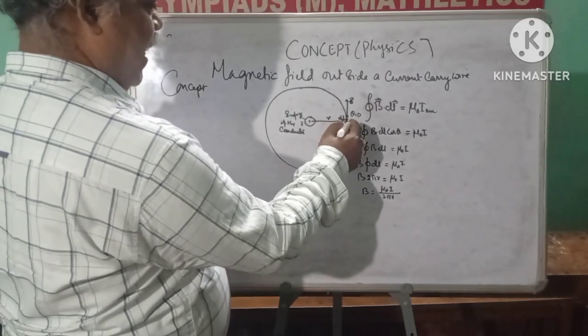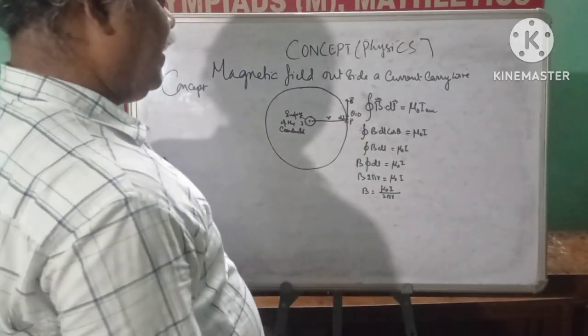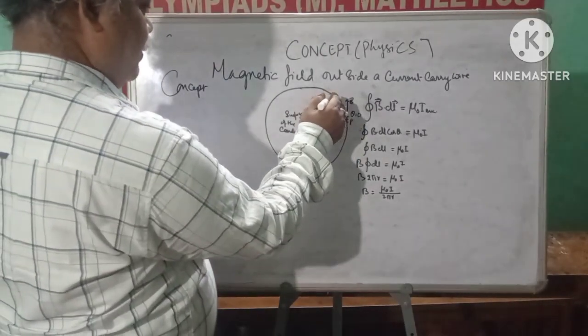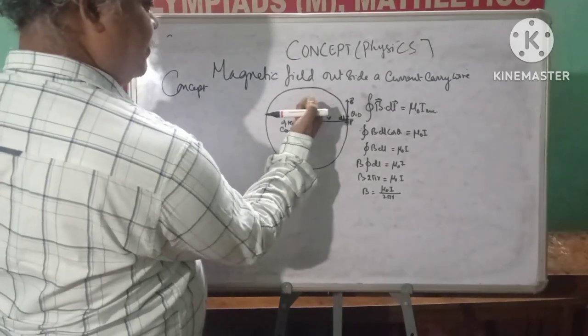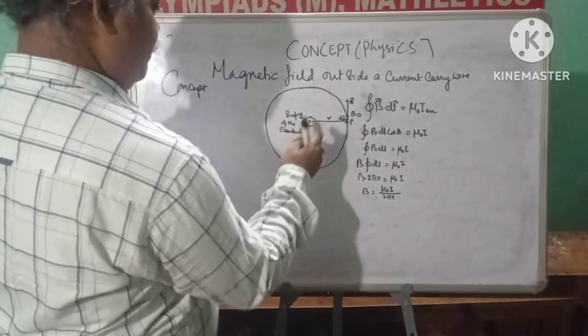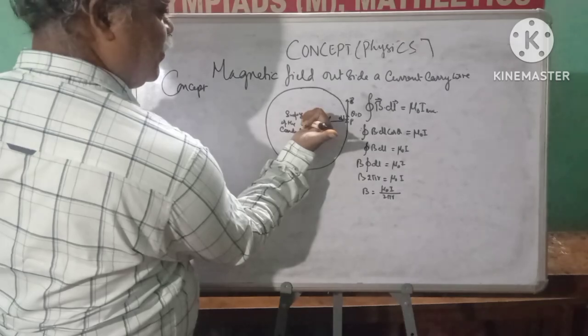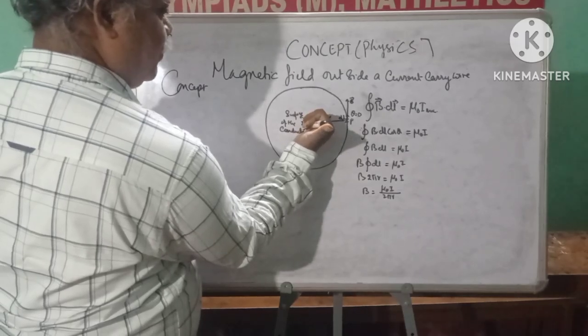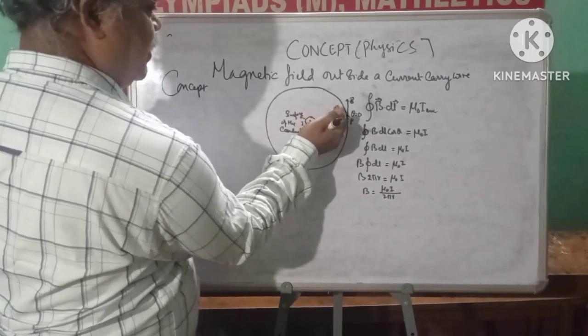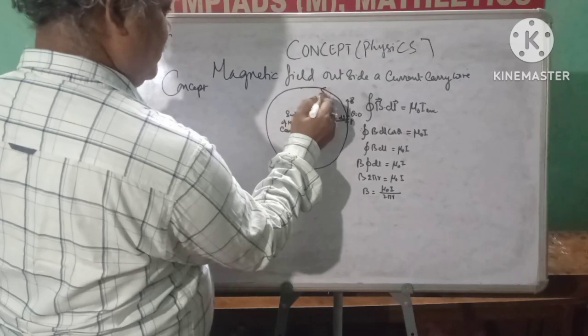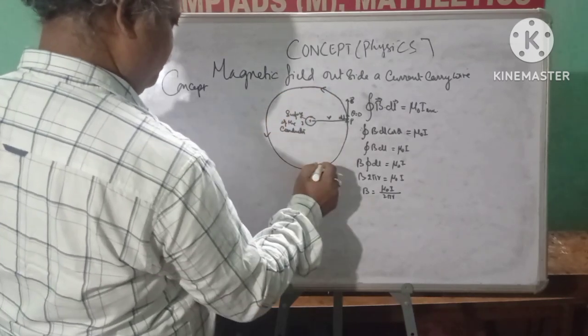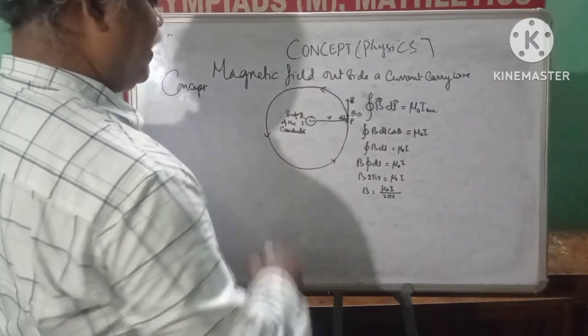From the thumb rule, this is the current direction, so the curled fingers give the direction of the magnetic field.